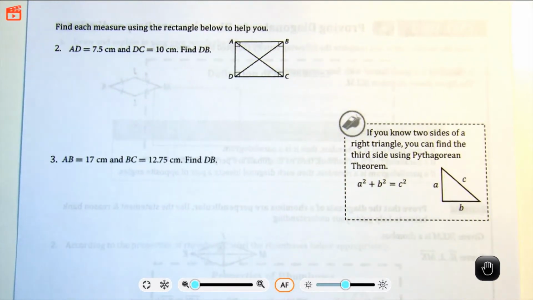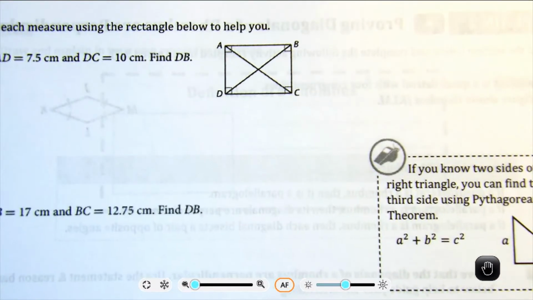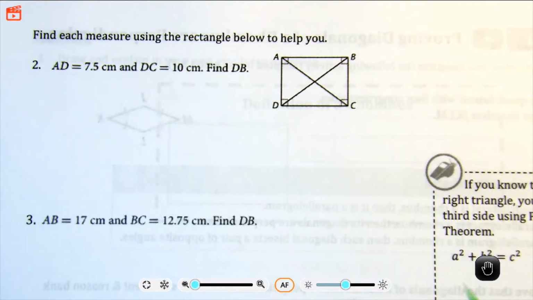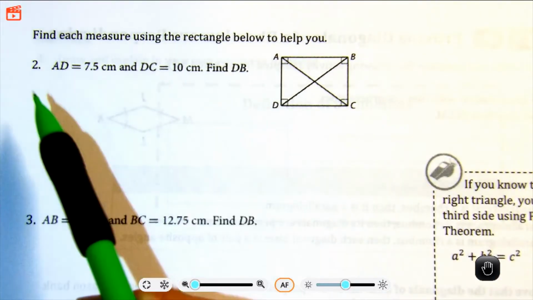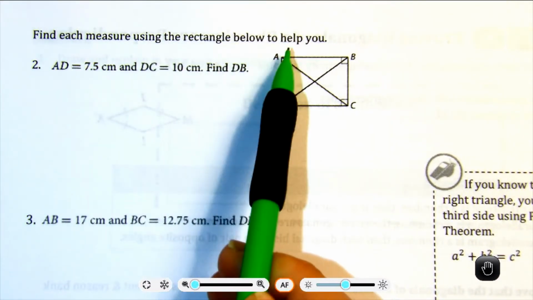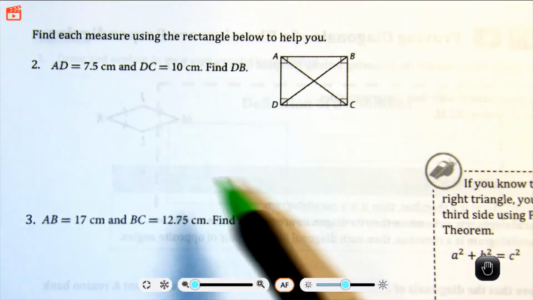So let me focus on the problem. Okay. So the directions: find each measure using the rectangle below to help you. So here's our rectangle, and we know some things.